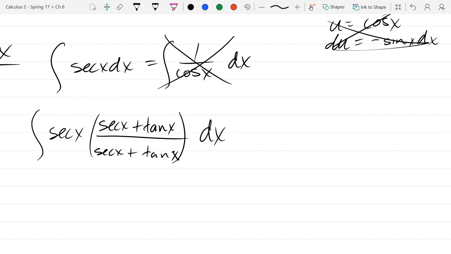Now we're going to pick a u sub. There are two obvious choices, either secant x or secant plus tangent. Those are the two reasonable choices to make here. We'll go secant first, and then we'll go secant plus tangent if that doesn't work out.